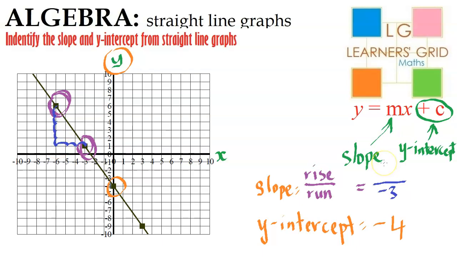So that's 5. I'm going up, that's positive. So my rise is 5. And pretty much the slope has been done. It's 5 over minus 3. And basically that means that I can write it like this, equals negative 5 over 3.